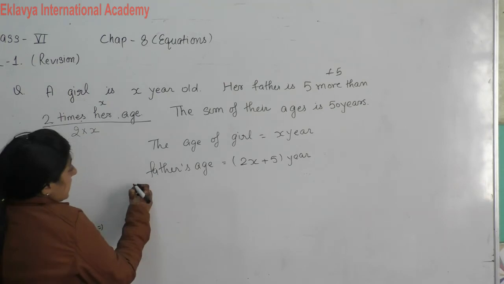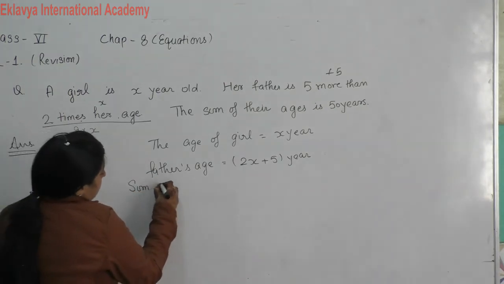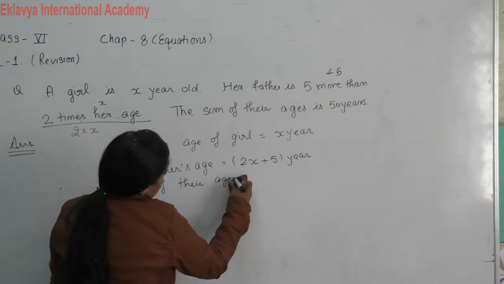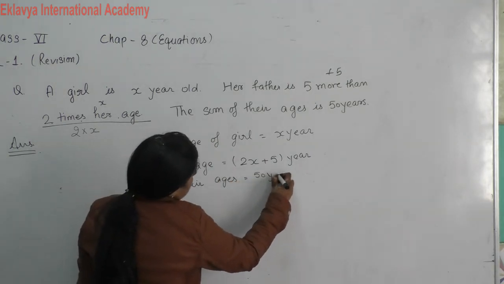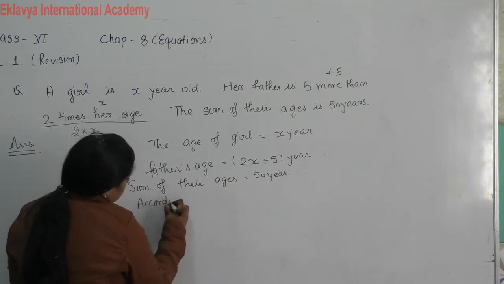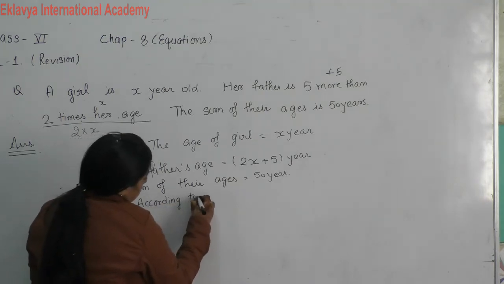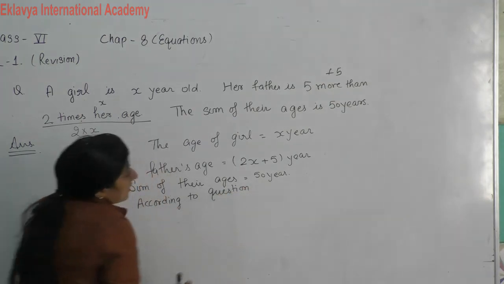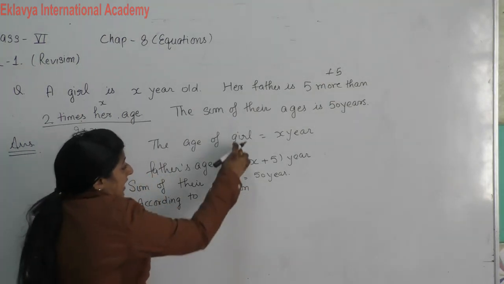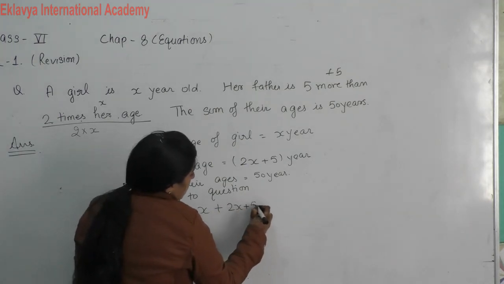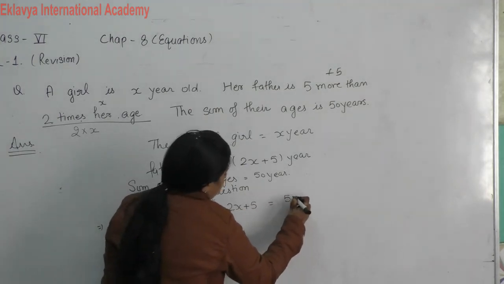Sum of their ages is equal to 50 years. It means according to the question, sum of their ages, add both ages, x plus 2x plus 5 is equal to 50.